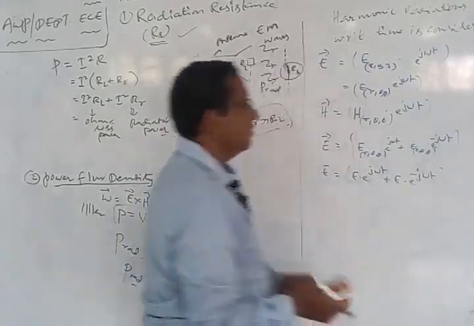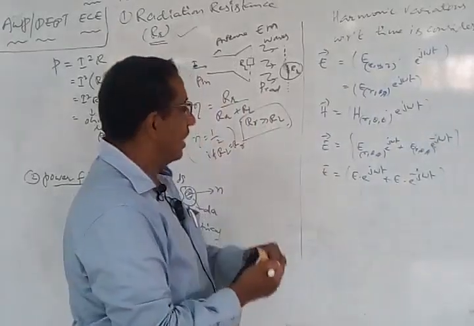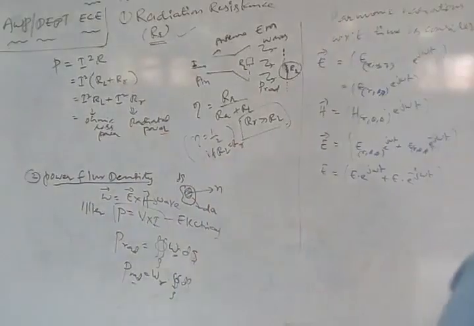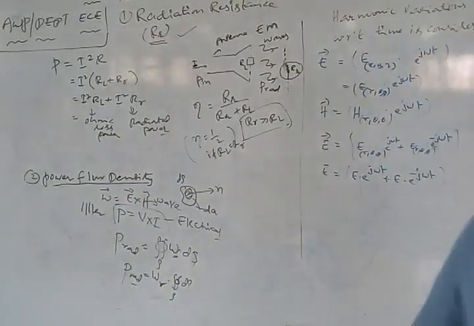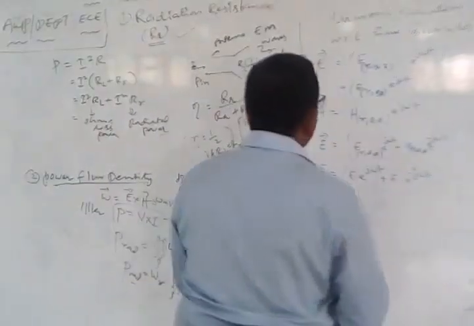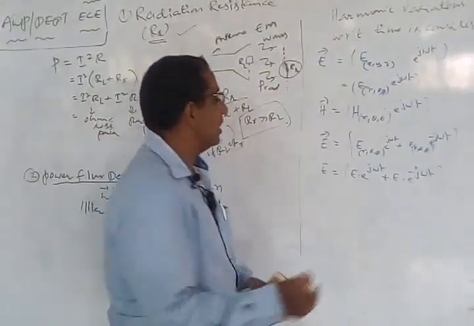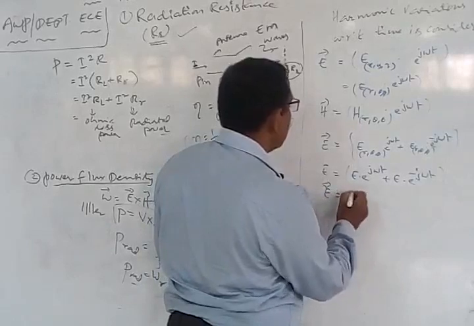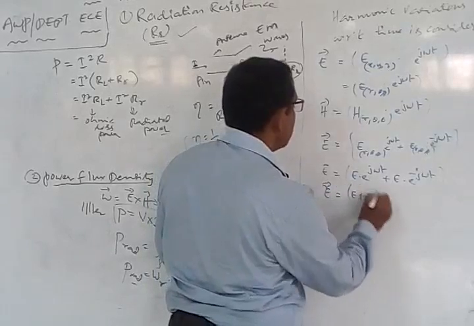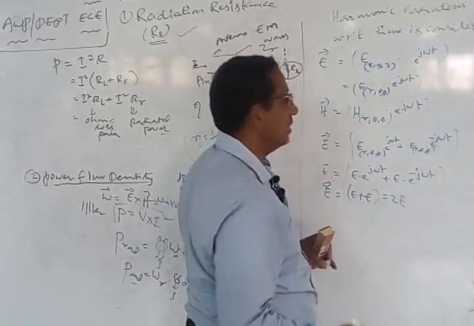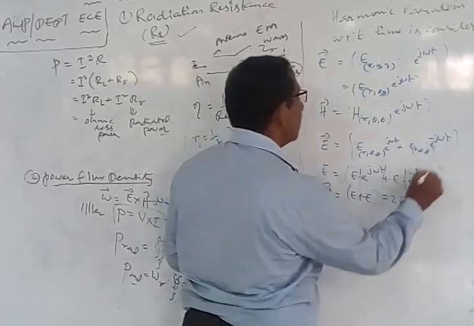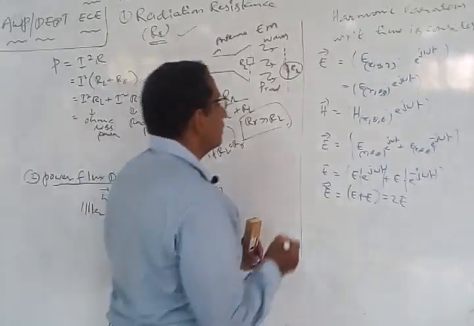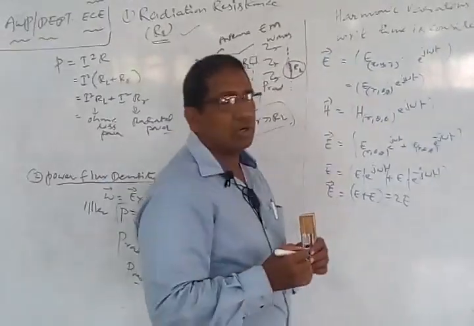Here for electric fields, if the electric field exists continuously, that means if the electric field is considered as an even function, then E is going to be equal to E plus E. That means we get 2E. These components are the same and uniform, so I can consider them equal to 1, and I will be getting 2E.